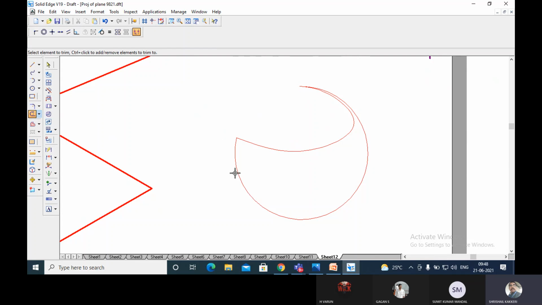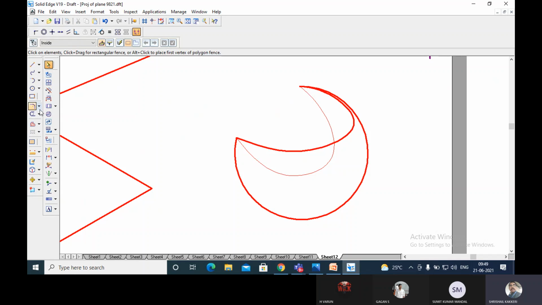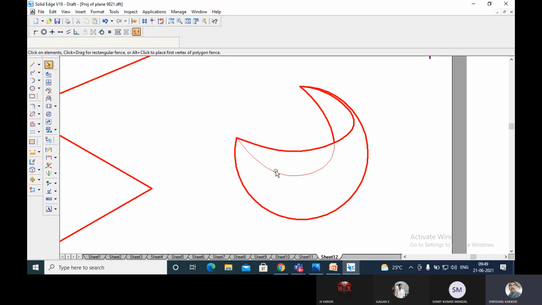It will be in the form of a sphere. Even if you want, you can write here also. I hope you can understand this.